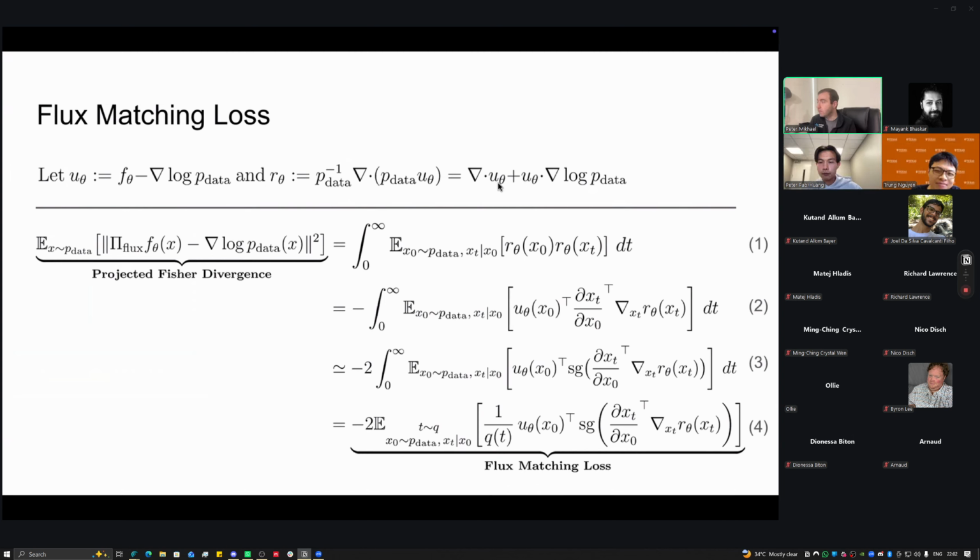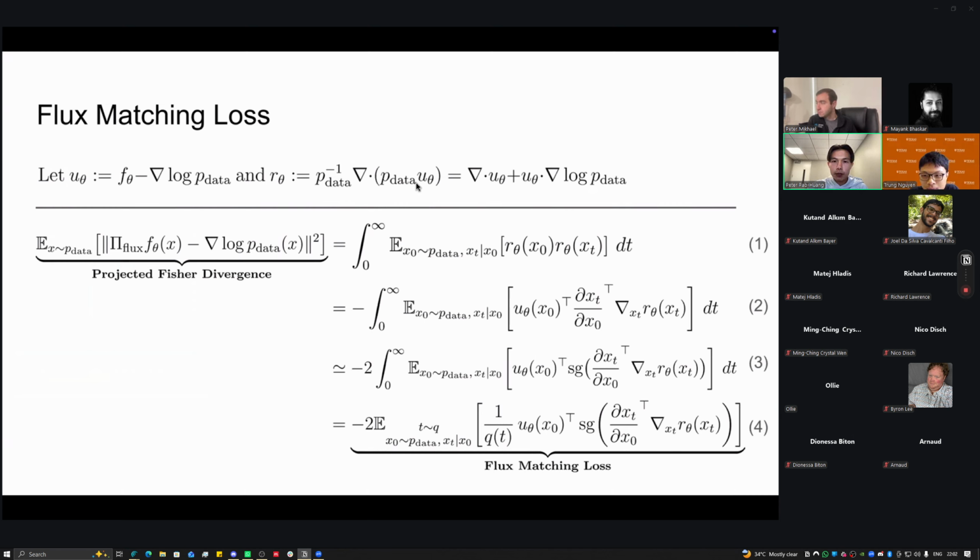Is the question about what R theta evaluates to, or where the inverse comes from? Where the inverse comes from. It's actually more of a convenience, because ultimately we only care about this divergence of the probability flux.